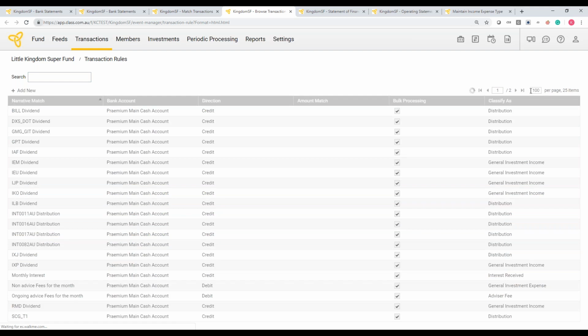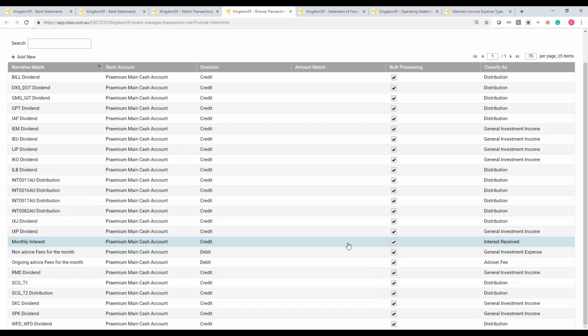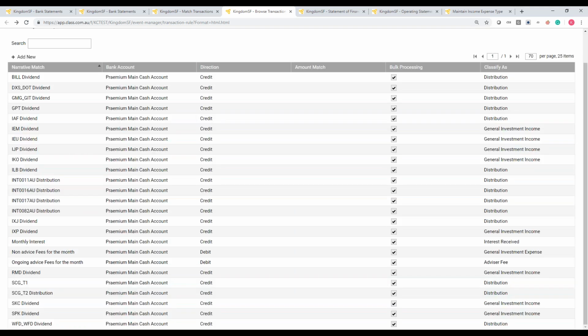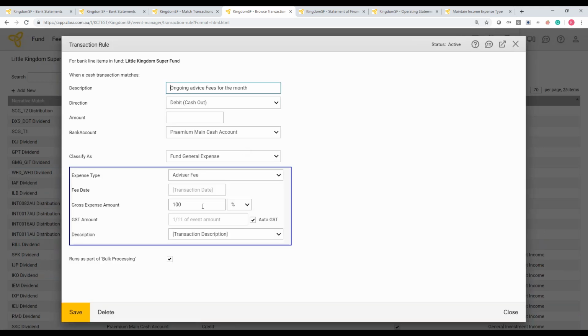Okay, the most common one, I would start with the interest, the monthly interest. That goes to a cash account automatically. I'll process it as interest received. The next one, very common, is the expense. The expense side, the advisor fee, is the ongoing advisor fee for the month. So I create it as advisor fee. You can flag it to calculate GST automatically.